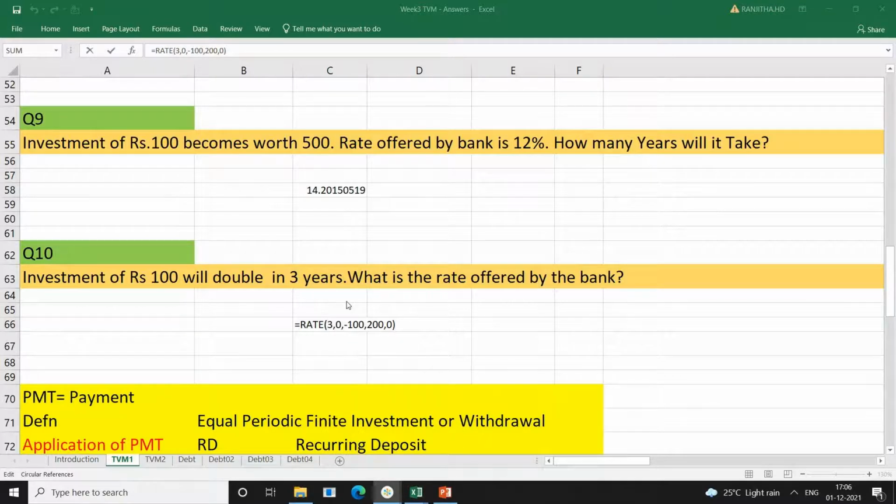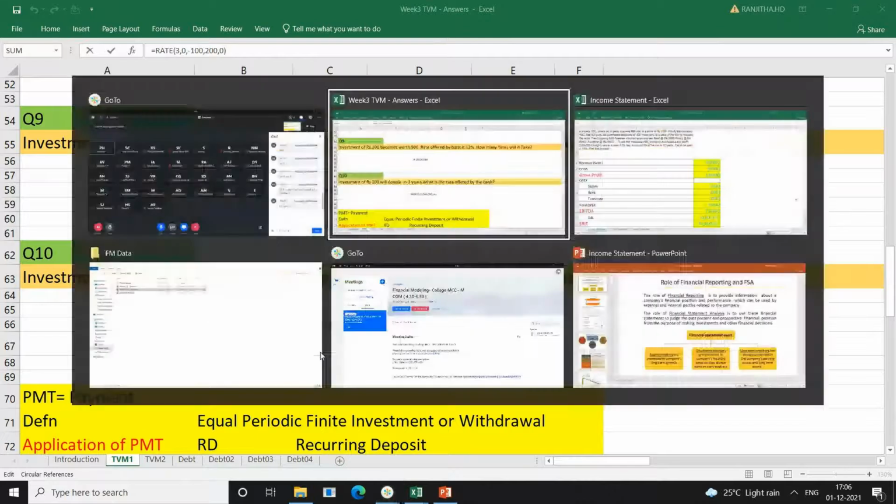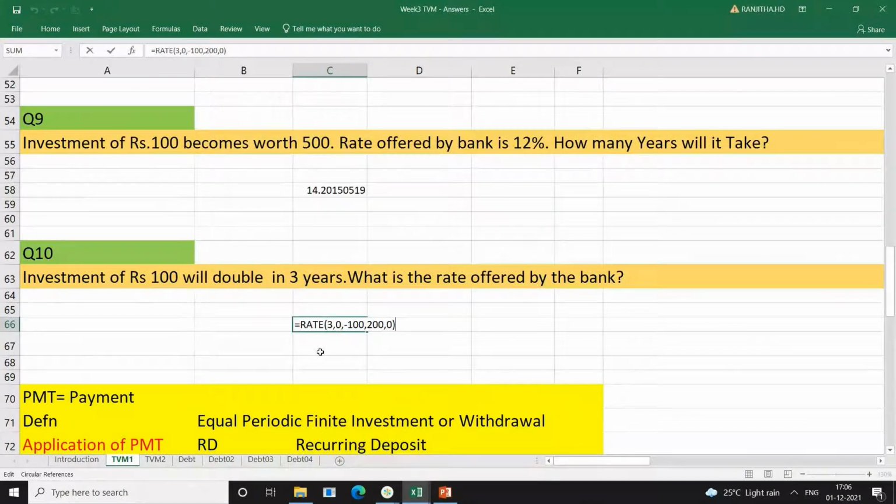Yeah. Actually, numbers are missed out. You better read the questions. If numbers are missed out, you read the questions. Okay.